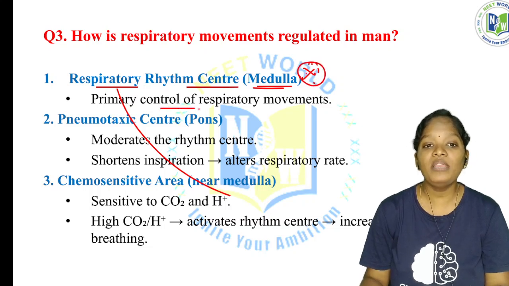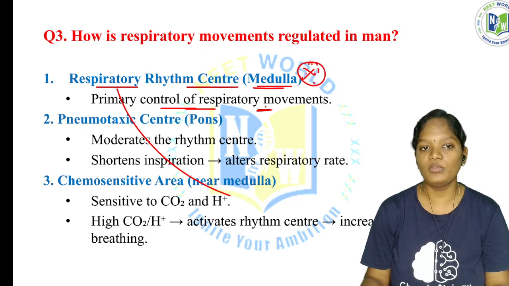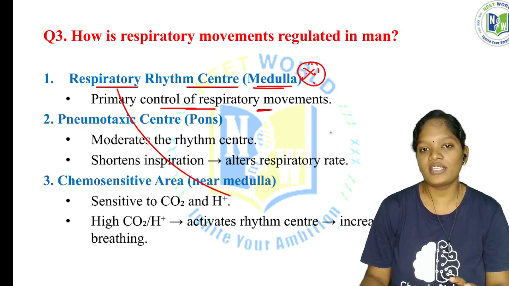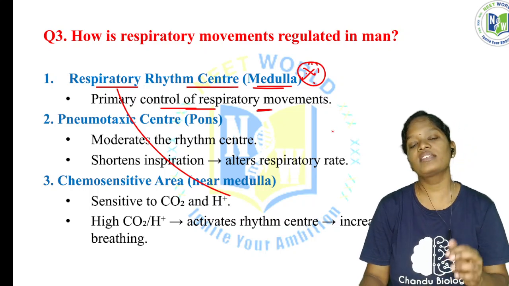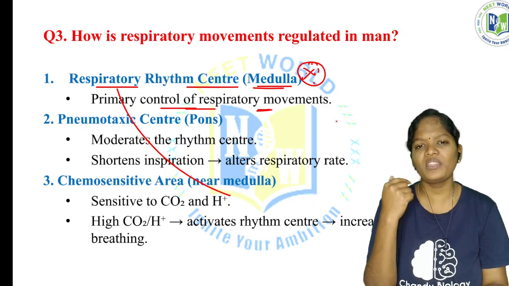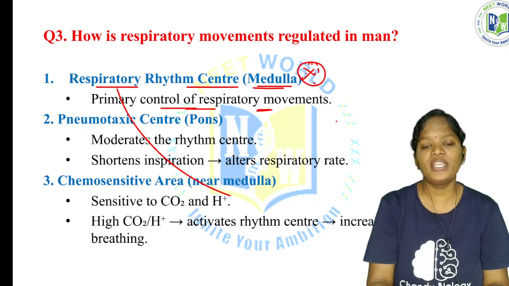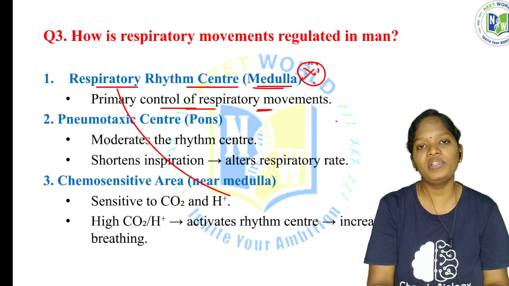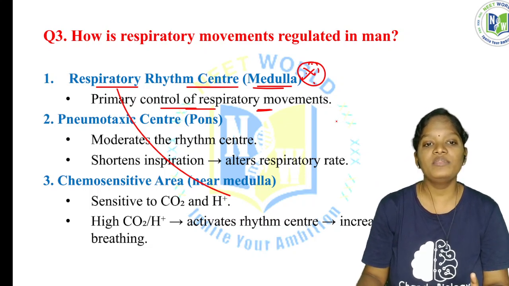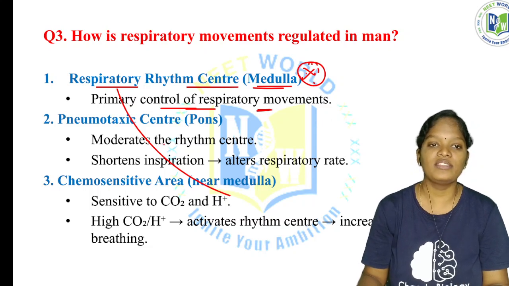It is the primary control of respiratory movements, whether inspiration or expiration has to take place, the signal is sent from the medulla, because it is considered the primary respiratory rhythm center.